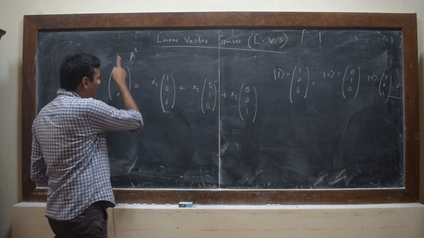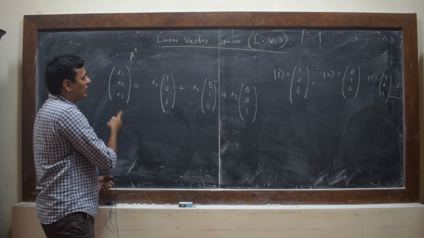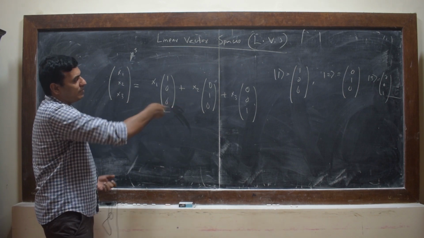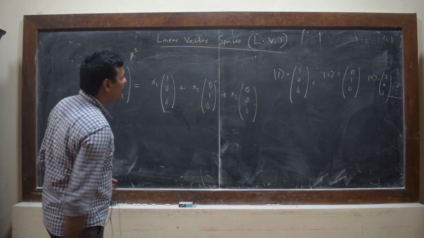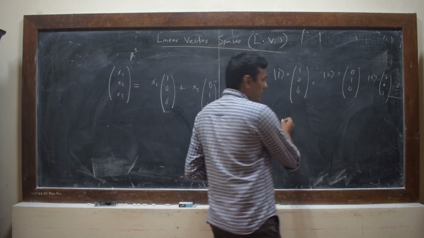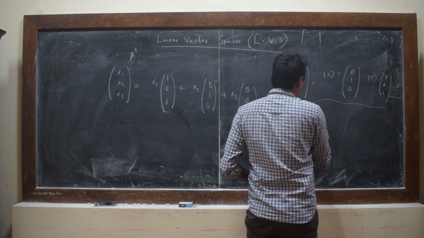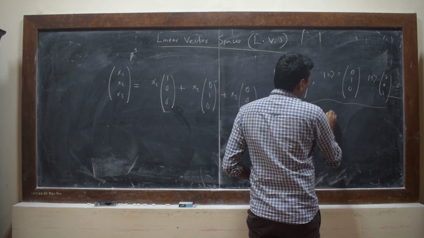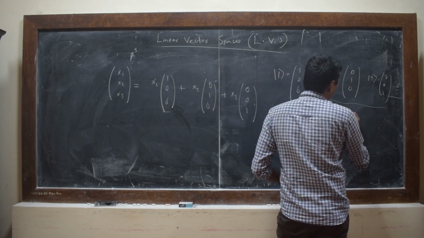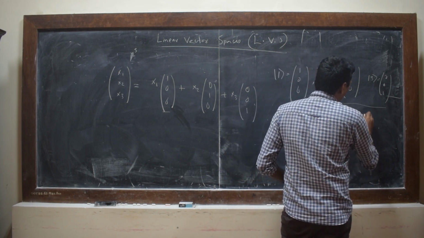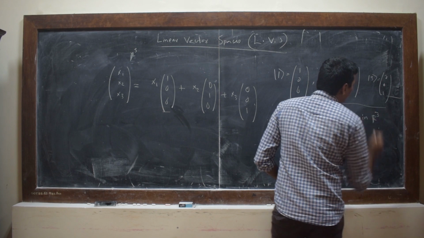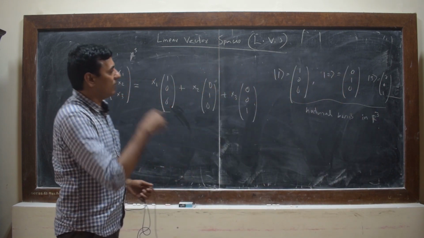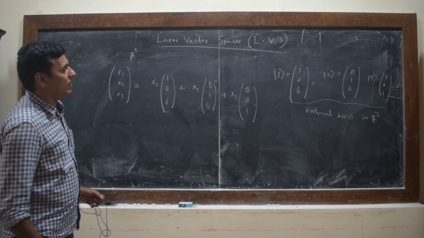Any arbitrary vector in this space can be expanded in this basis, ket 1, ket 2, ket 3. And these are basically the natural basis in R3.